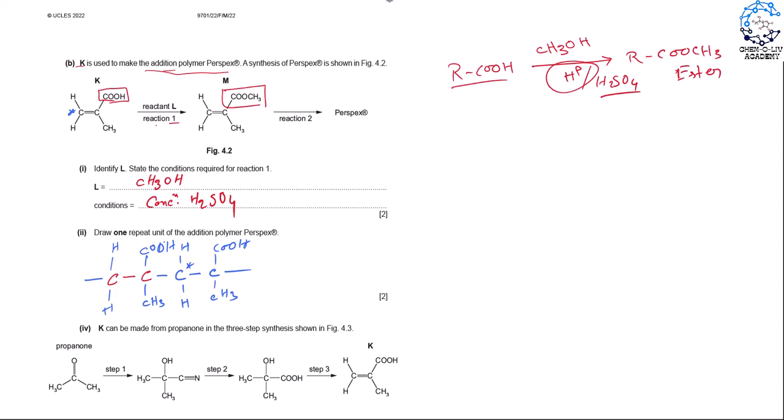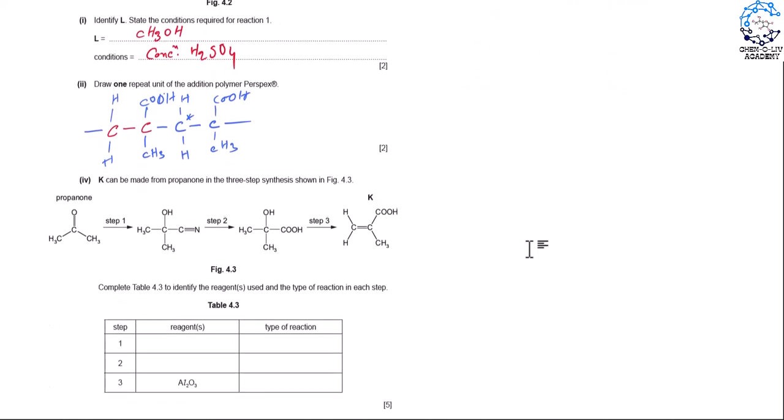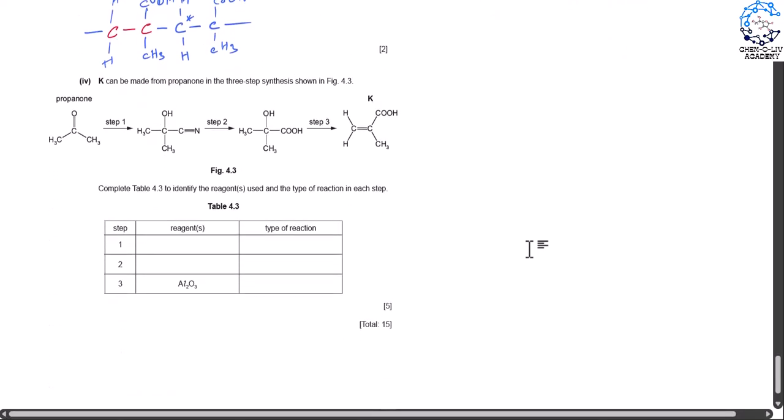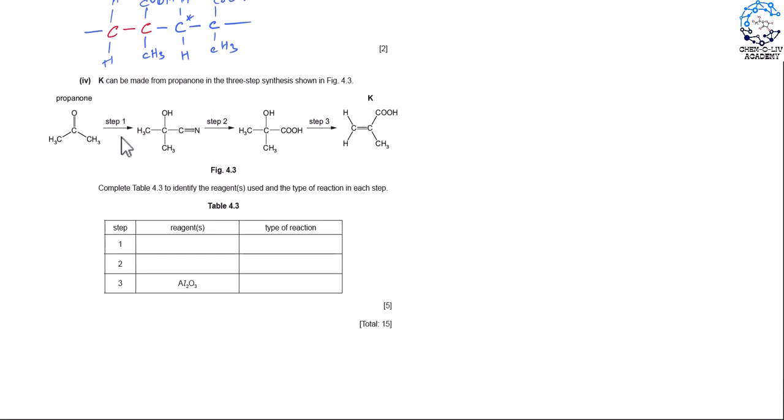Okay, let's move to our next question. The next question is saying K can be made from propanone in the following steps of the synthesis. Step one is an addition of HCN.